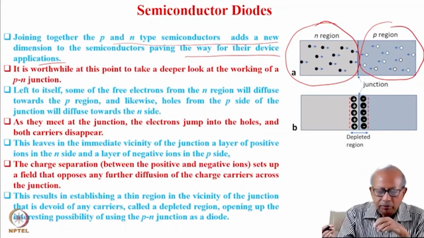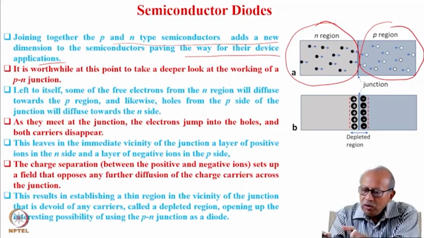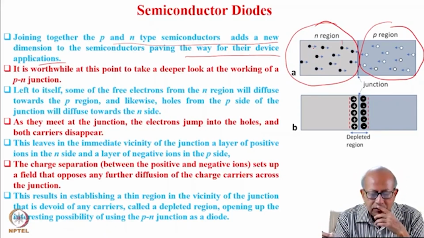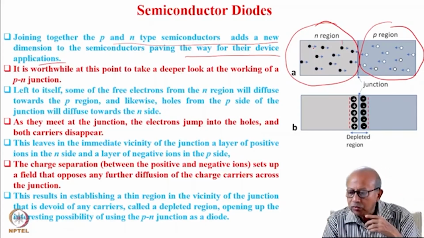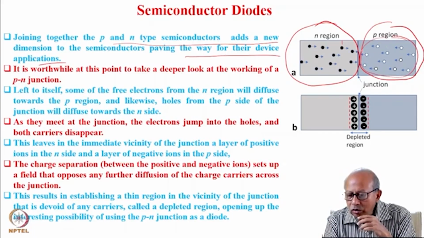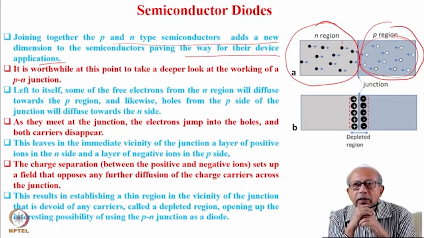So let us take a deeper look. Now, left to itself, some of the free electrons which are present here will tend to diffuse through this junction into the p region, and the free charge carriers, holes, will tend to diffuse into the n region through this junction barrier.